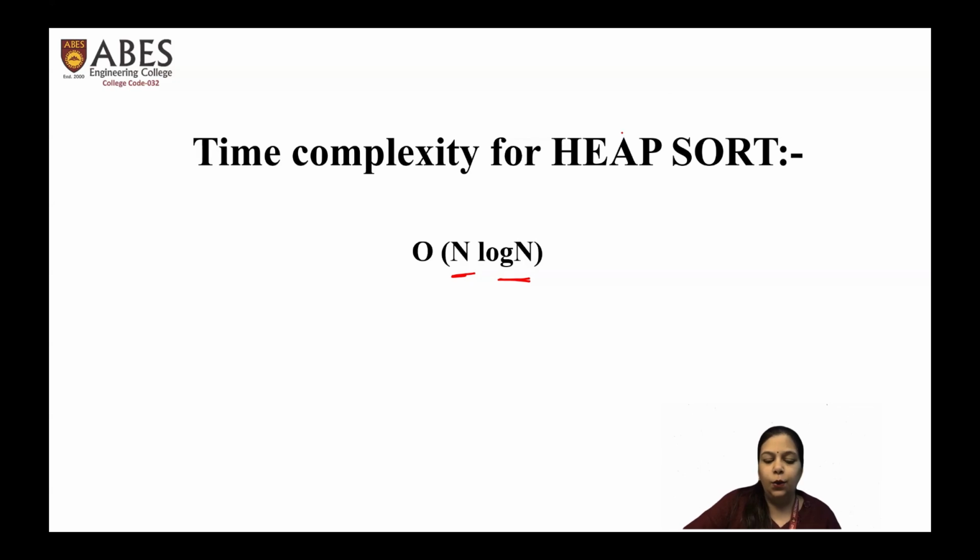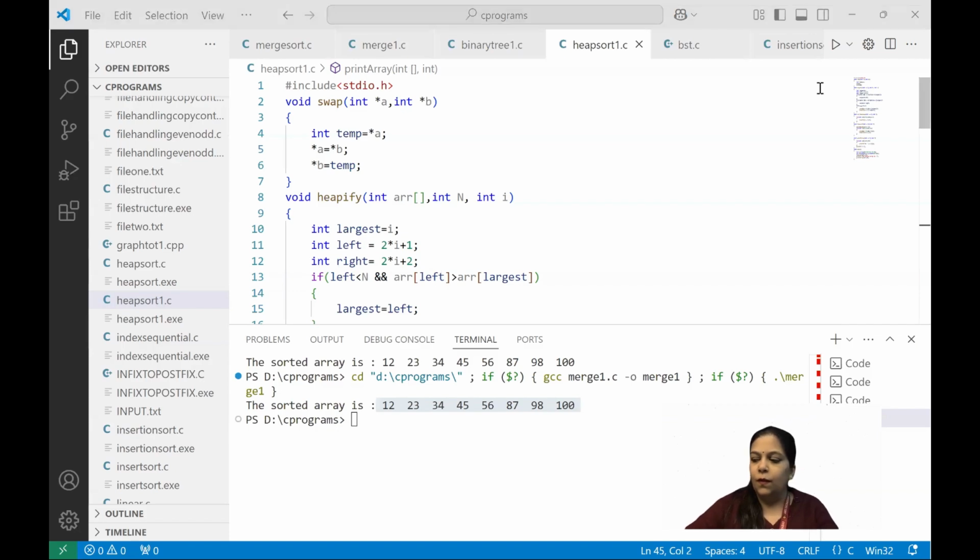Now let us see the code of this algorithm in C language. Here you can see that the program is implemented with the help of a swap function, in which we are using the call by reference technique.